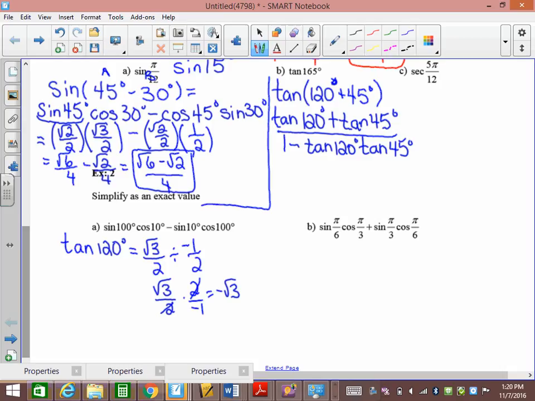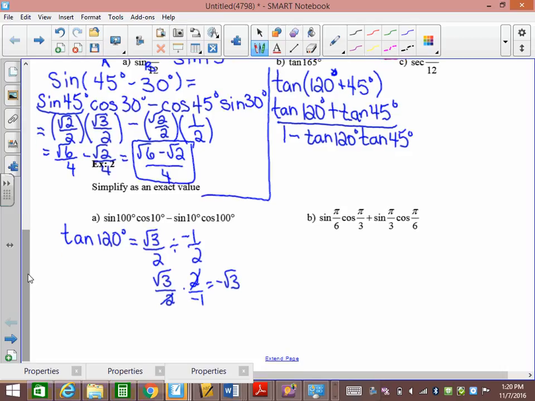Any place we have a tan 45, what are we going to put in its place? What's tan 45? 1. Because it would be root 2 over 2 divided by root 2 over 2, which is 1. So anytime we have a tan 120, we're going to replace it with that. Anytime we have a tan 45, we're going to replace it with 1. I repeat, do not put it here. We will be doing work here.